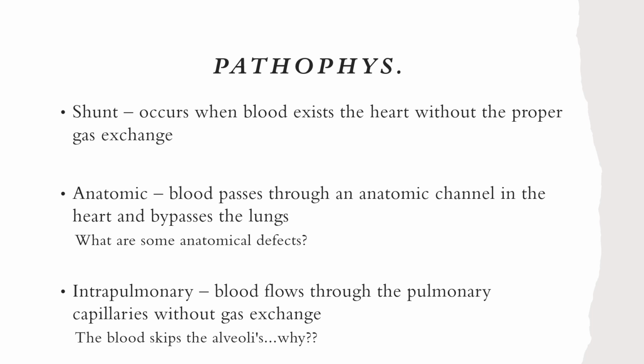And then moving on to a little bit more pathophysiology, some more reasons why blood is not getting oxygenated in the alveoli. So shunting can occur. A shunt occurs when blood exits the heart without the proper gas exchange.